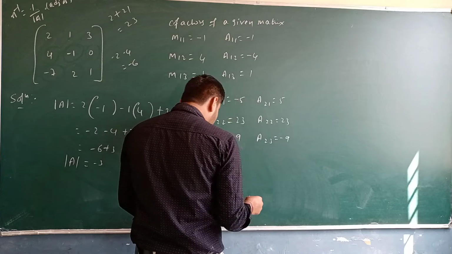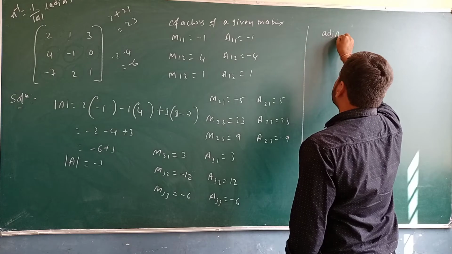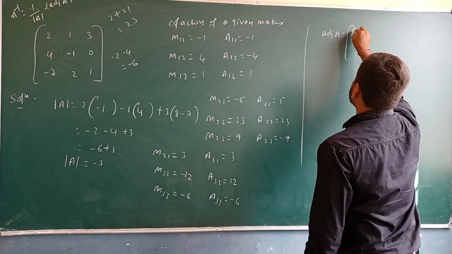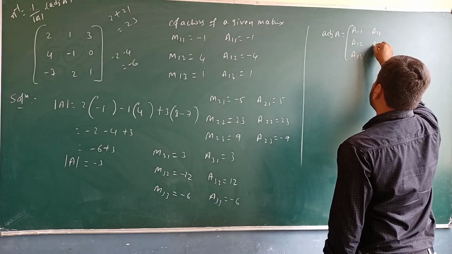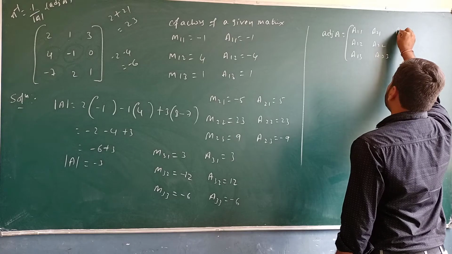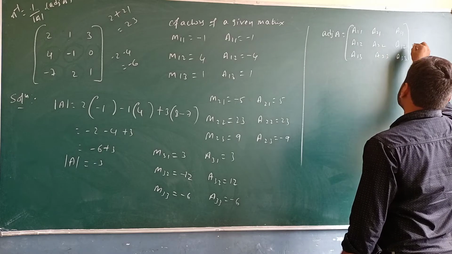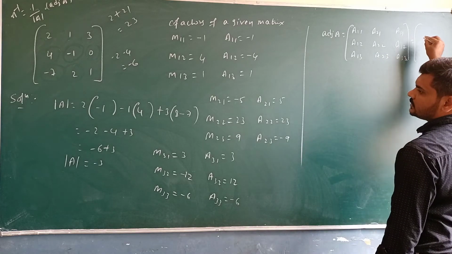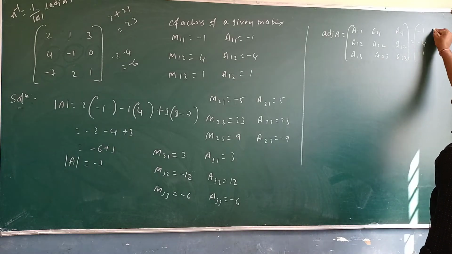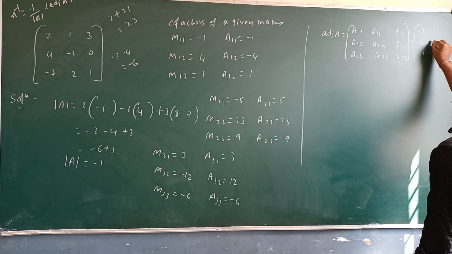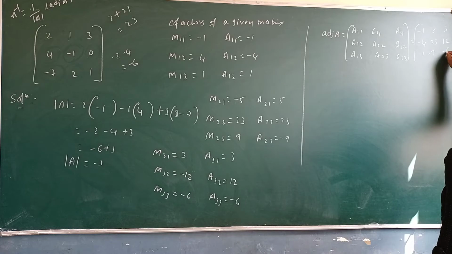Then the adjoint of the given matrix. So adjoint of A is equal to A11, A12, A13, A21, A22, A23, A31, A32, A33. So here the adjoint of A is equal to minus 1, minus 4, 1 and 5, 23, minus 9, and 3, 12, minus 6.